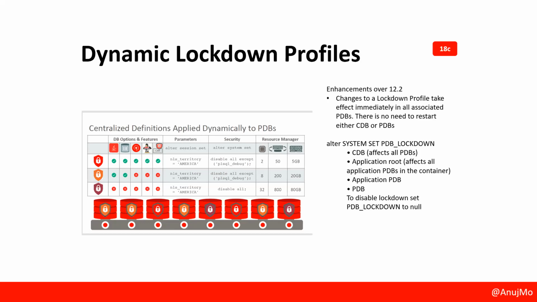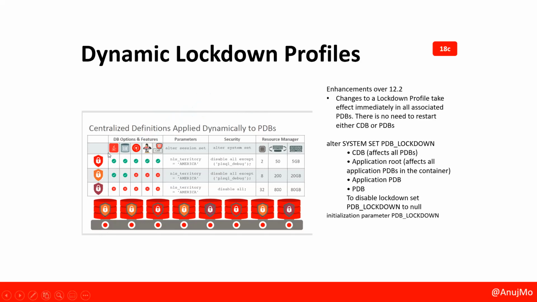And what all it can do, I'll just quickly go through. Here you see these are all the resources, and on this side you have your lockdown profiles like red, orange, purple, and green. A check says the resource is available and a cross is not available. So you can control Java, partitioning, network, OS, common schema access, CPU, IOPS, and SGA memory.